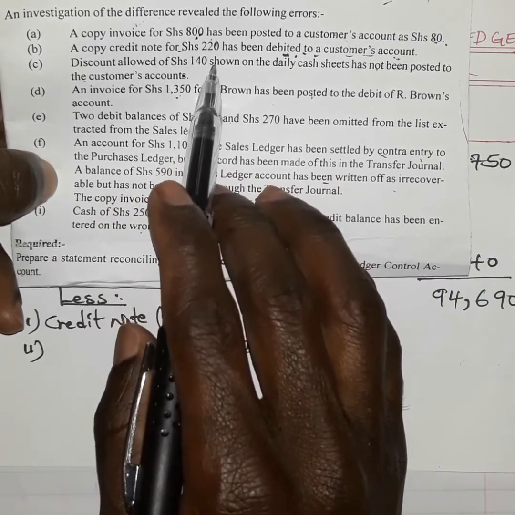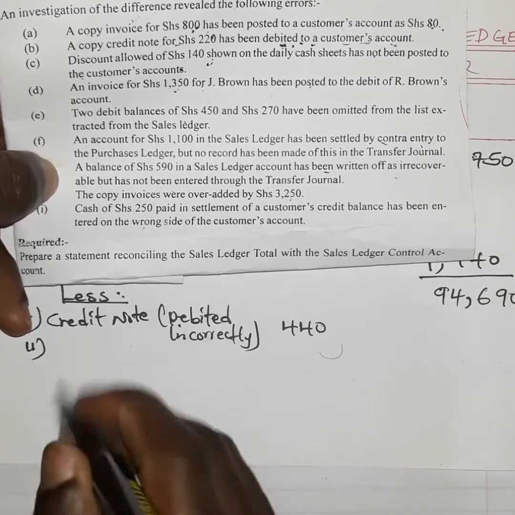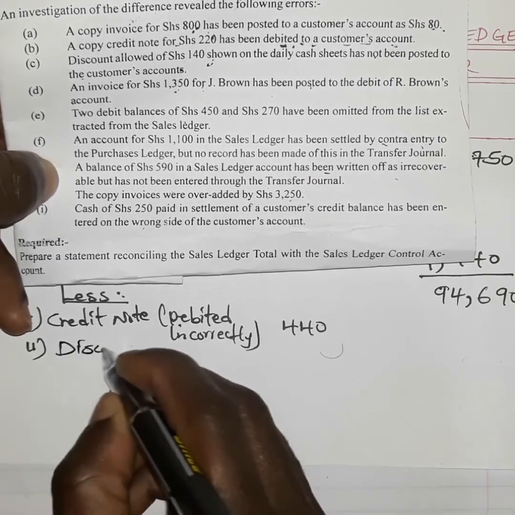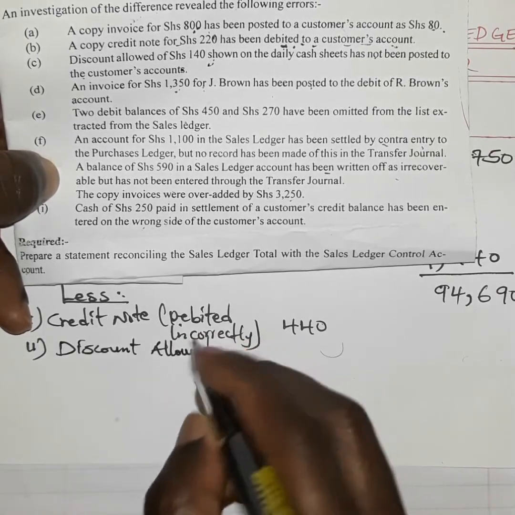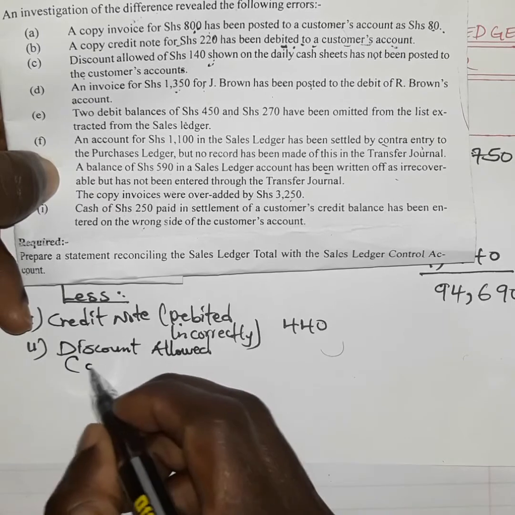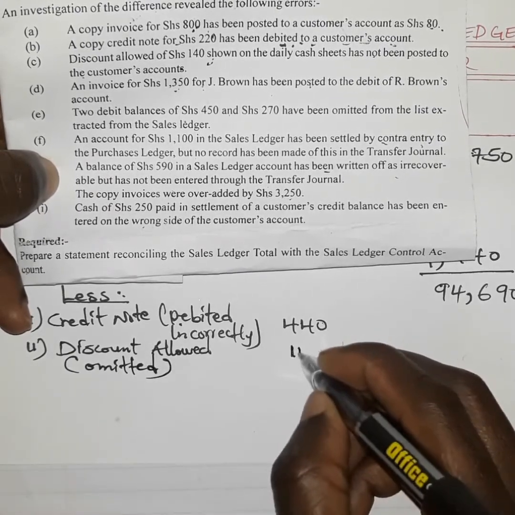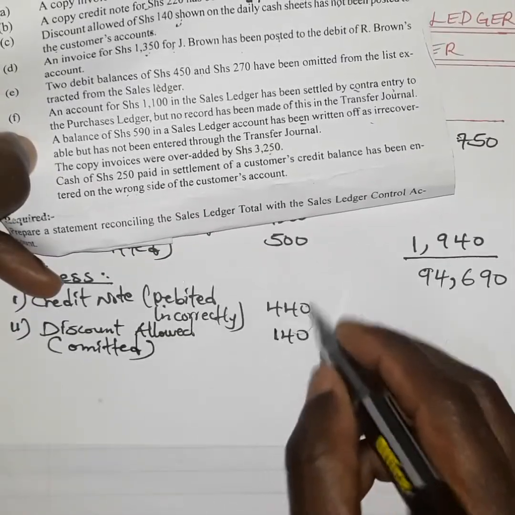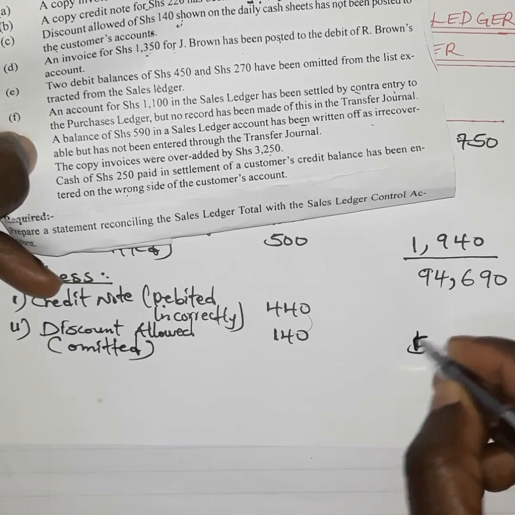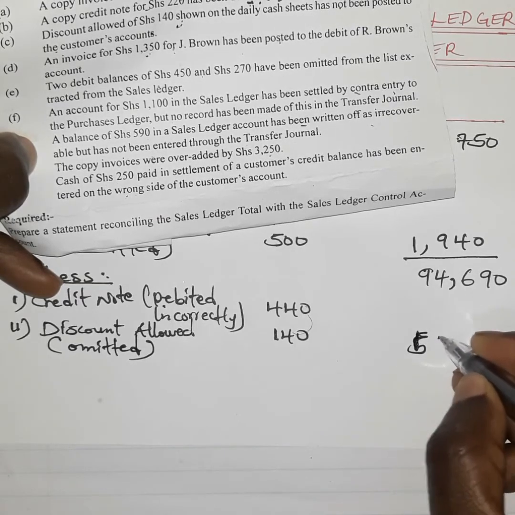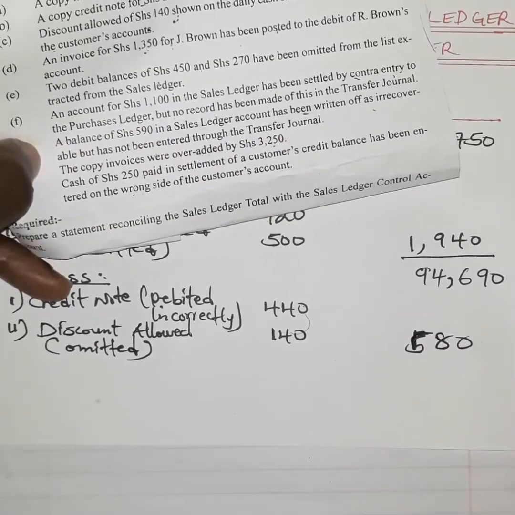Discount allowed is supposed to reduce what customers pay, so it's supposed to be deducted. We deduct discount allowed, which was actually omitted, and the amount was 140. The total of this one to be deducted is 580 shillings.